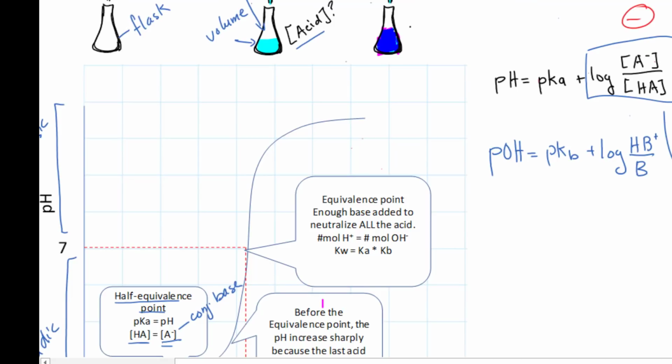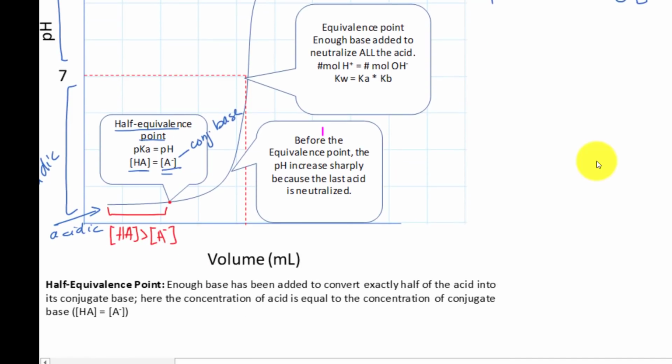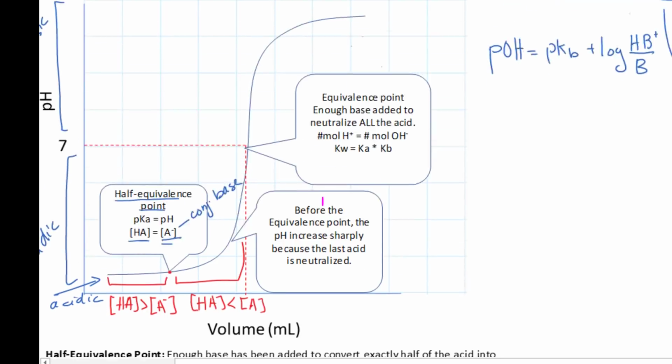Now let's look at the other case, where we have this range right here. Well, of course, in this range, after we pass the half equivalent point, the concentration of the acid will be less than the concentration of its conjugate base form. And we can prove that mathematically using the Henderson-Hasselbalch equation.